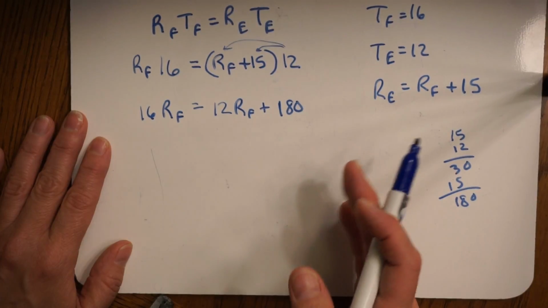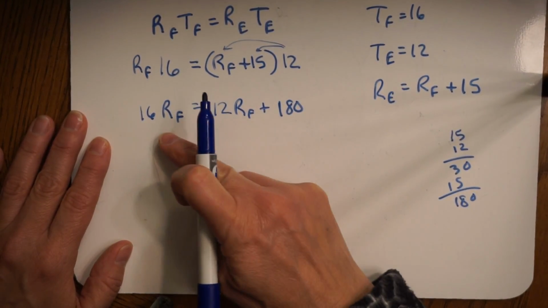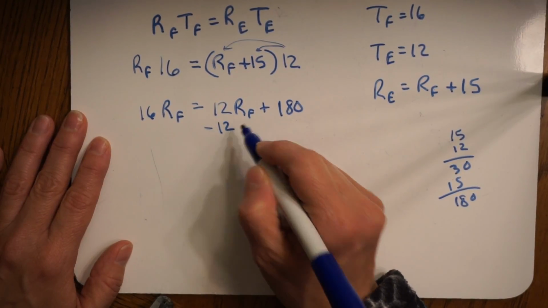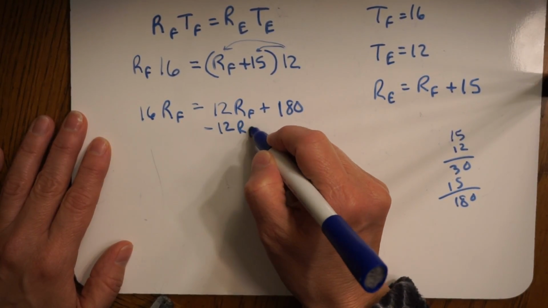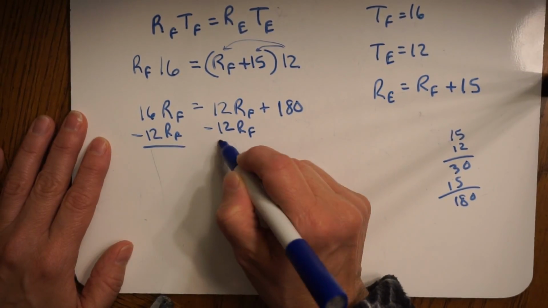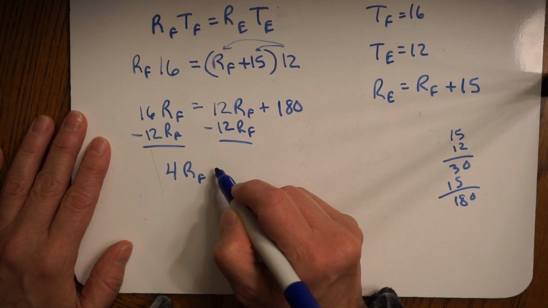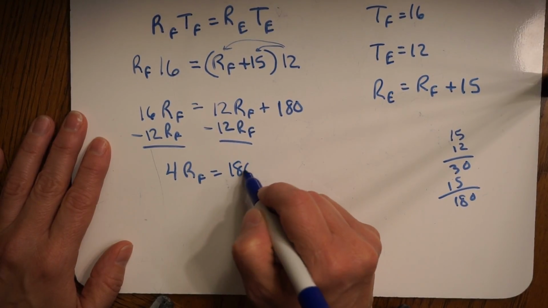And then solving for equations, constants on one side, variables on the other. So I'm going to move this variable over here. Because it's being added, use the inverse operation and subtract. So we have 4 r sub f is equal to 180.